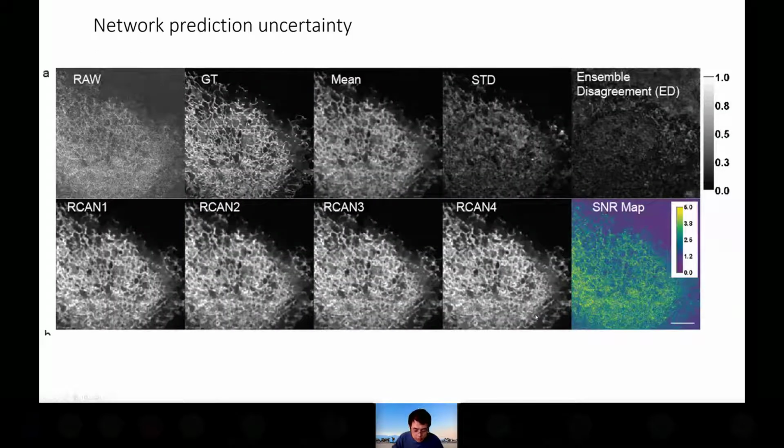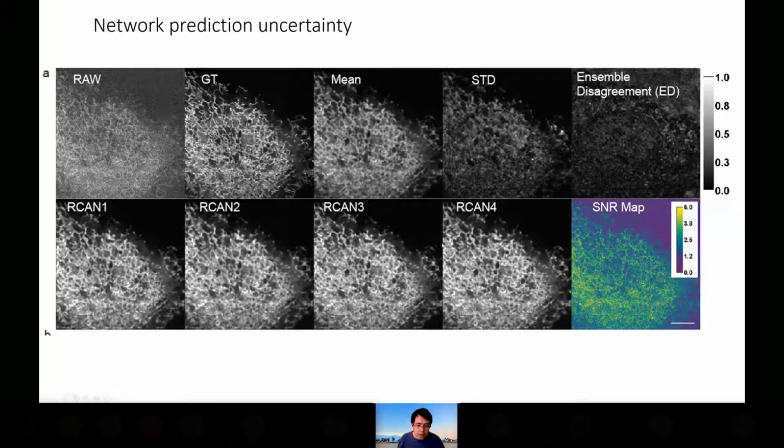Another important question is how much we can trust the deep learning restored images. In the classical methods, people typically train independent convolutional neural networks. For example, here we train 4 different independent RCAN convolutional neural networks, and each gives us a prediction.